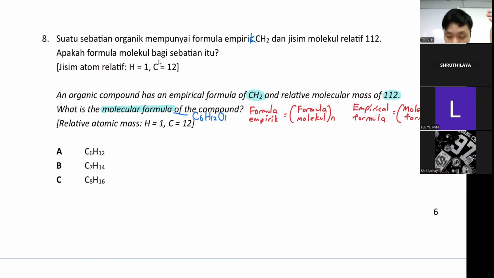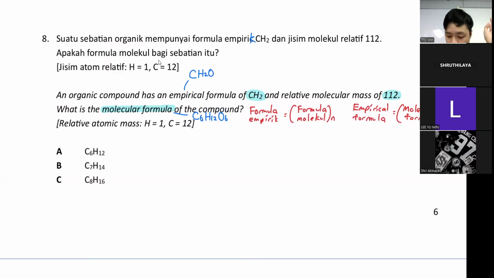This is glucose. Empirical means all these divided by 6, because all these elements are divisible by 6. Then you will get CH2O. 6 divided by 6, 1. 12 divided by 6, 2. 6 divided by 6, 1.